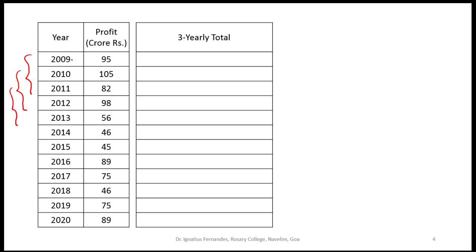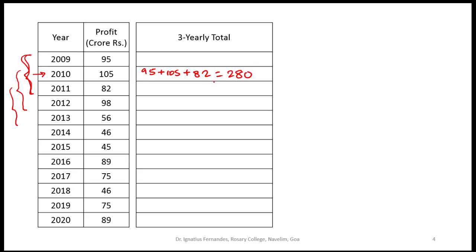For the first period, 2009 to 2011, you first find the total of these 3 and write it against the middle year, which is 2010. So you add 95, 105 and 82, and the total comes to 280.